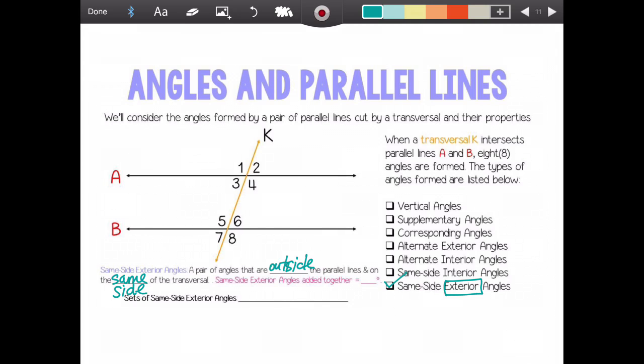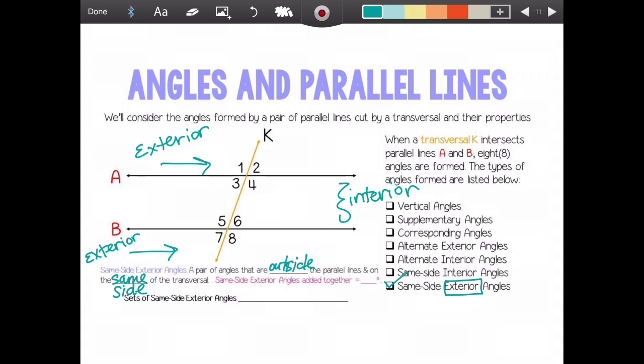All right, so again, if you remember, we talked about the outside. If these angles are on the interior, then this is the exterior at the top and the exterior on the bottom. Okay, they're outside of those parallel lines.